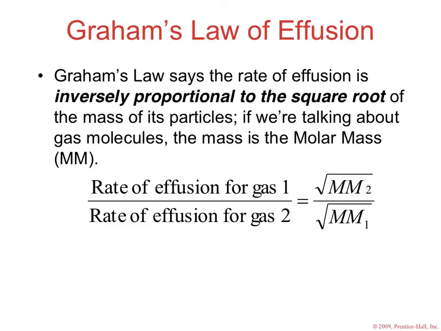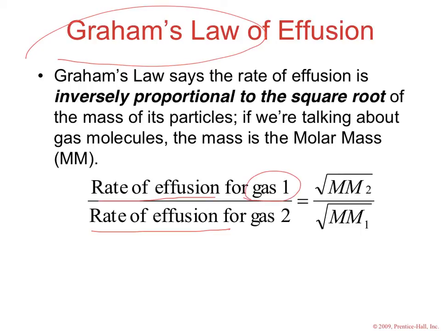All right, so there is a law or calculation that's very commonly used. It's called Graham's Law, and that allows you to compare the rate of effusion for two different gases. So let's say you're asked to get the relative rate of diffusion for two gases.